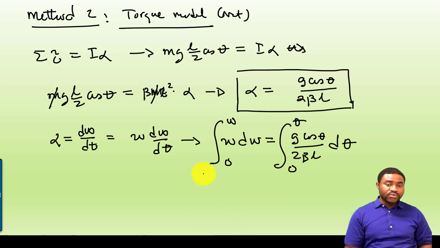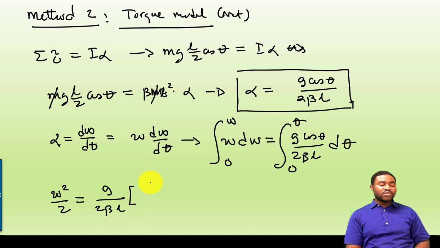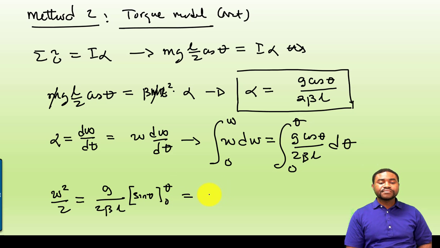When you do your integration, you will end up with omega squared over 2 equal to g over 2 beta L times the integral of cosine, which is sine theta, from 0 to theta, which is g sine theta divided by 2 beta L.